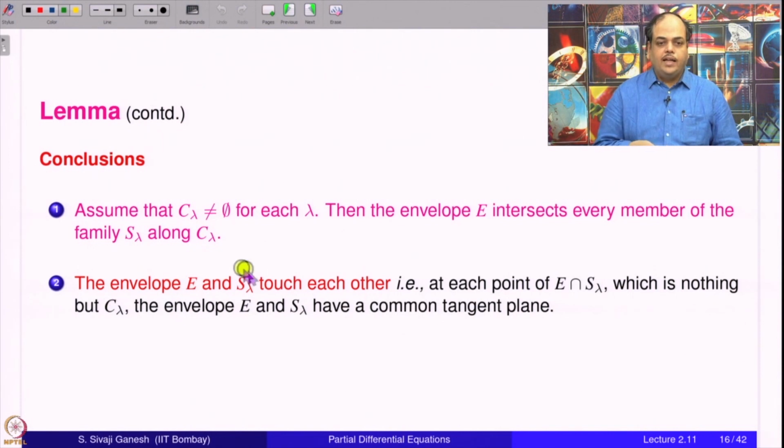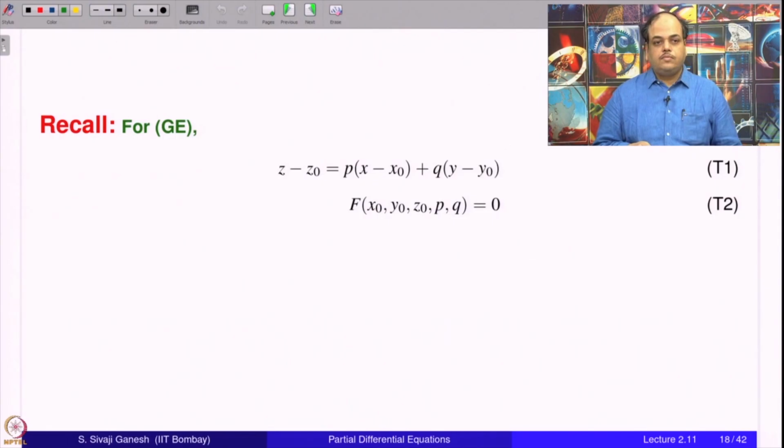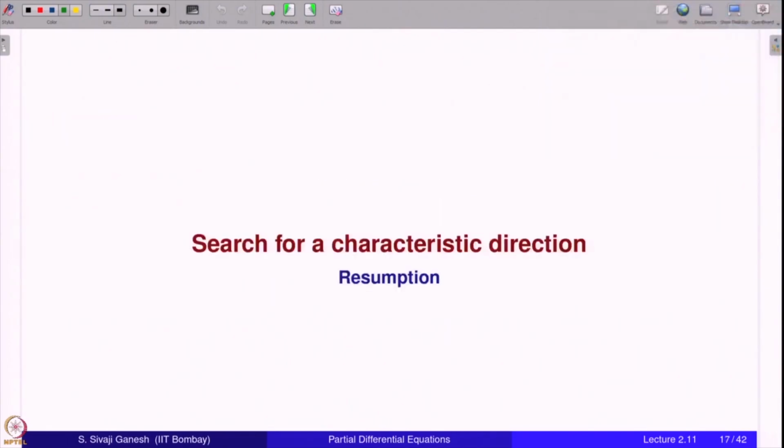The envelope and S lambda touch each other. That means, wherever they intersect, which is along C lambda, the intersection is precisely C lambda, at every point on C lambda they share the tangent plane. Therefore, if you can find a direction in the tangent plane for the envelope, we are done. That will also be a tangential direction for S lambda.